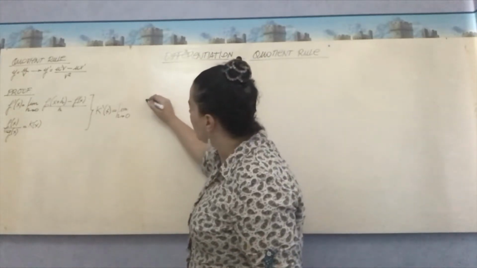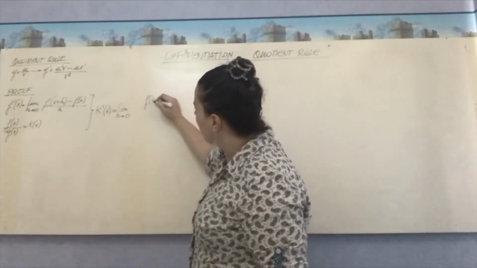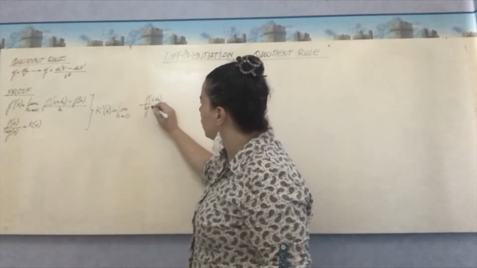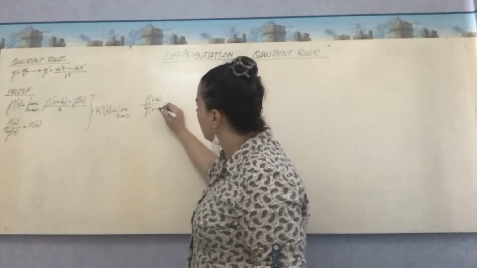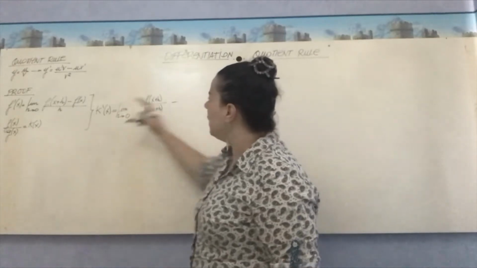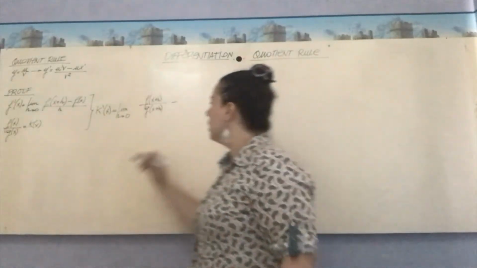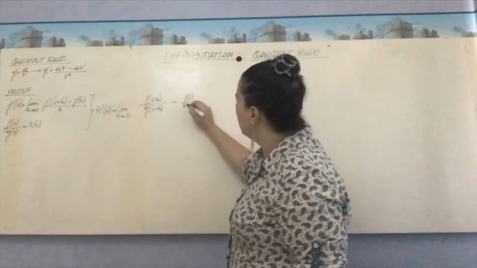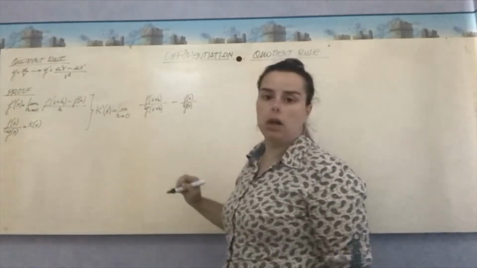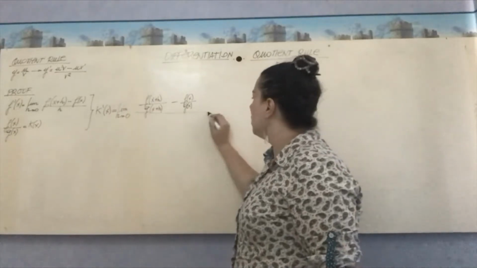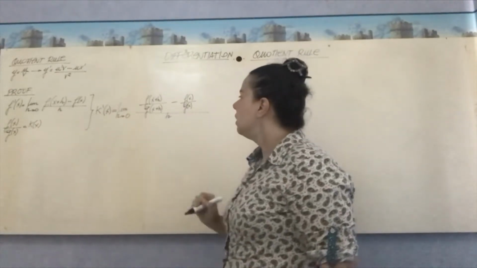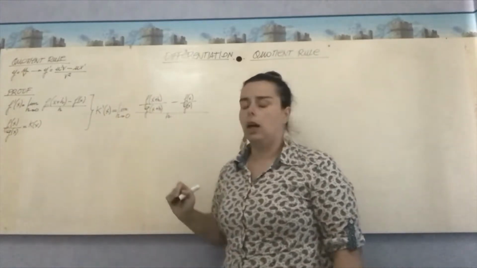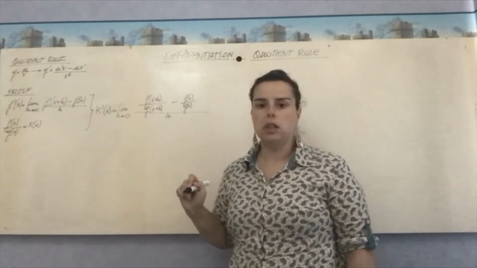Now what I've got is f of x plus h over g of x plus h minus the function of x, that's f of x over g of x, and all of that divided by h. Now, that is what differentiation by first principles tells me.